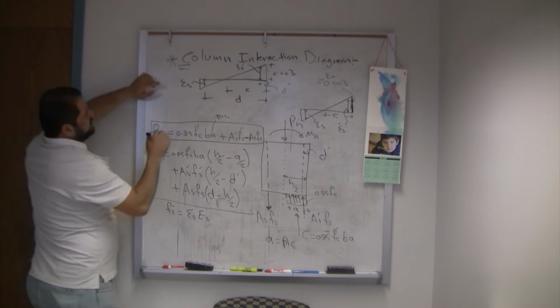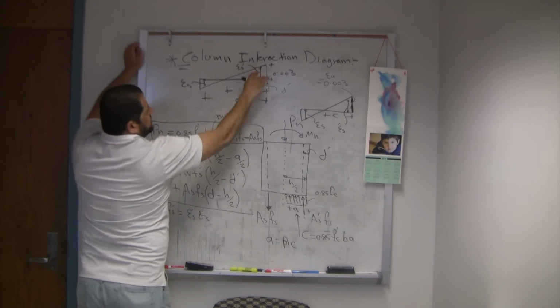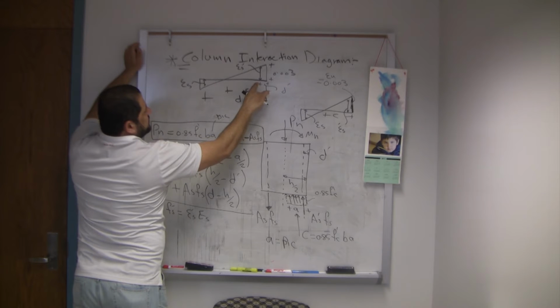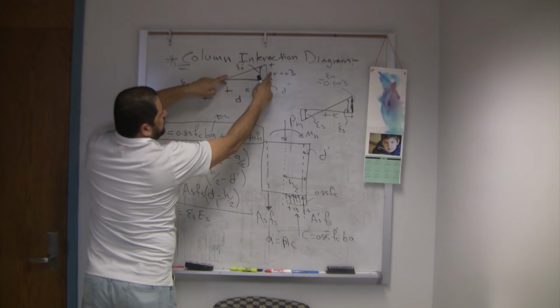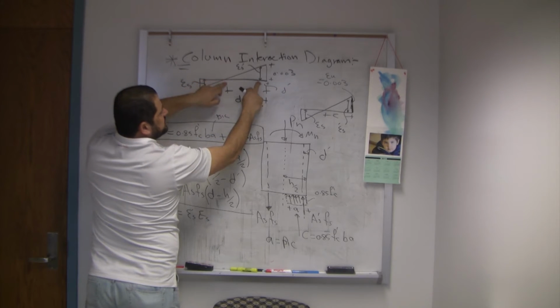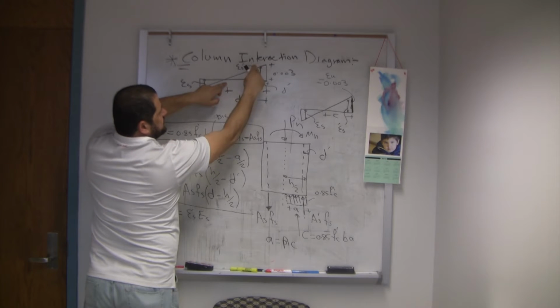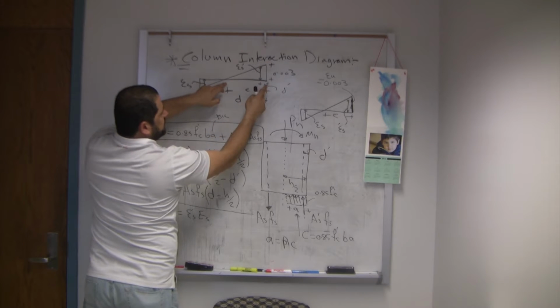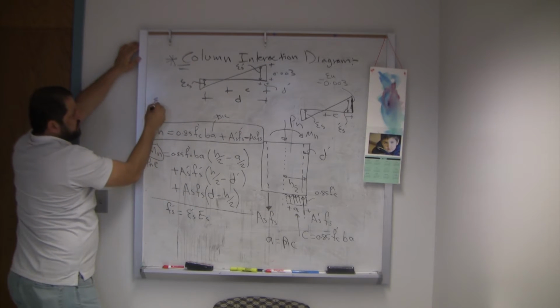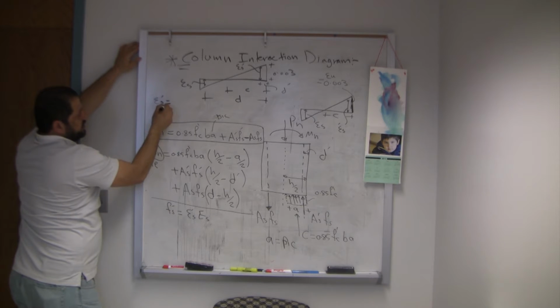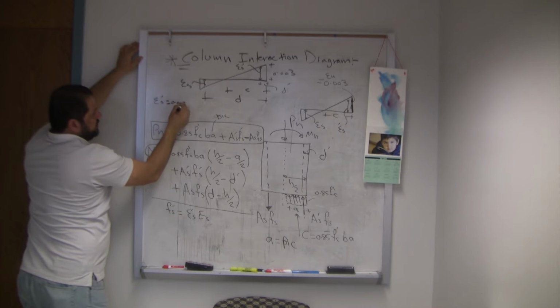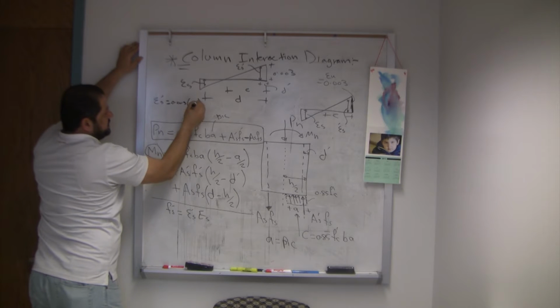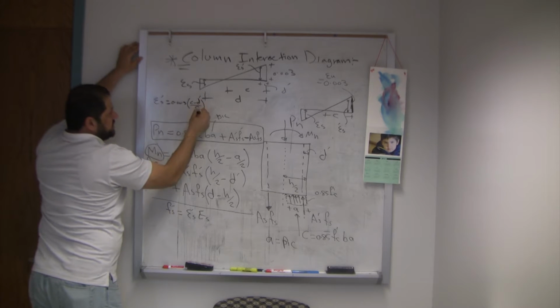As you can see, epsilon s' over this distance from here to here is c minus d'. So epsilon s' over 0.003 equal c minus d' over c. So epsilon s' equal 0.003 times c minus d' over c.